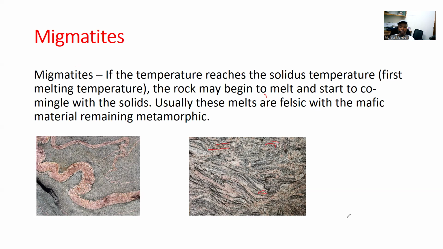So basically that is it about the metamorphic rocks. Today we were talking about two types of metamorphic rocks, those that are foliated and those that are non-foliated. Those that are foliated are formed in regional metamorphism, and the minerals have a preferred orientation, especially sheet silicates.